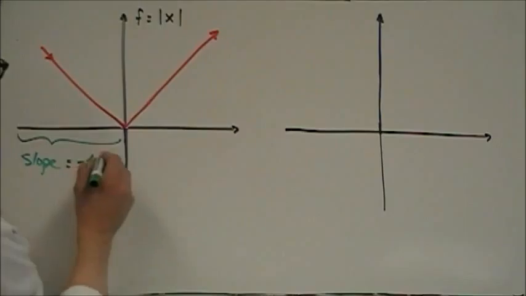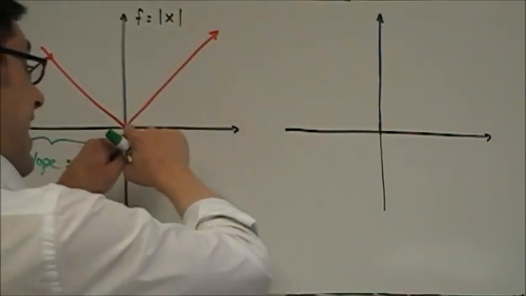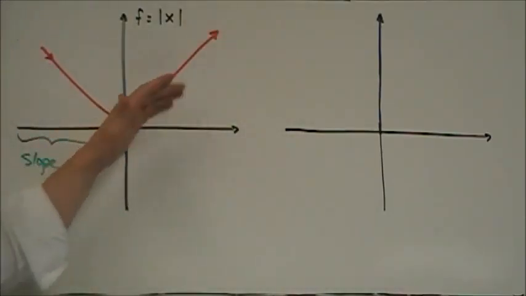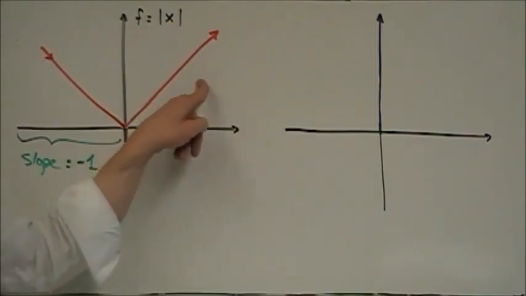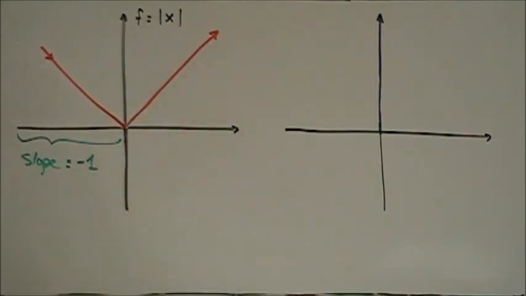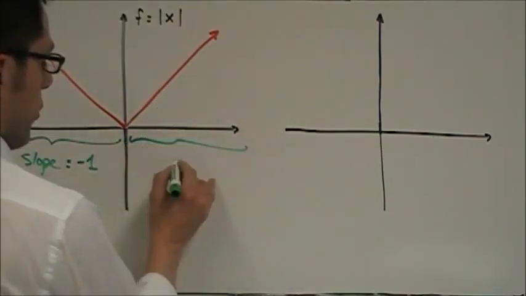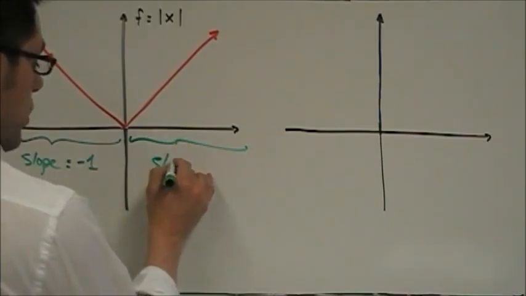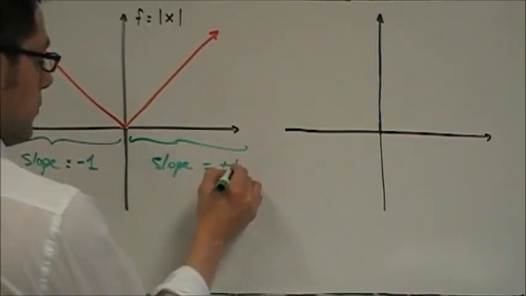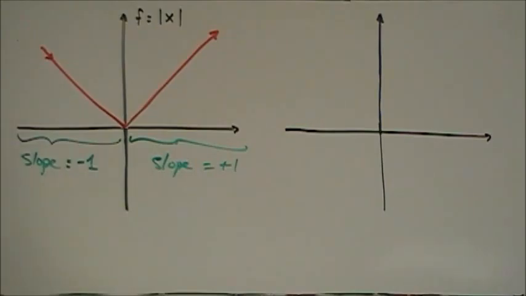Over here, the slope of the tangent line at every single point, and of course every point on this whole line is really a tangent line, is +1. Except at 0, there's something weird. It's not differentiable there, but that's okay.